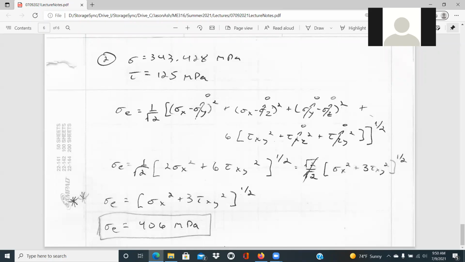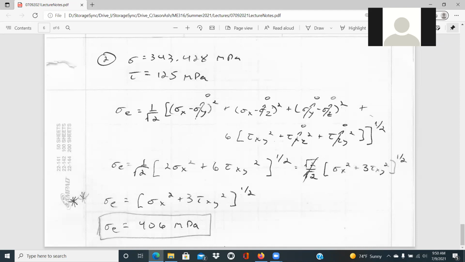And so that's really what combined loading entails: looking at all the loadings that are applied, at a specific point, and what components of stress are caused at that point by all the different loading conditions.